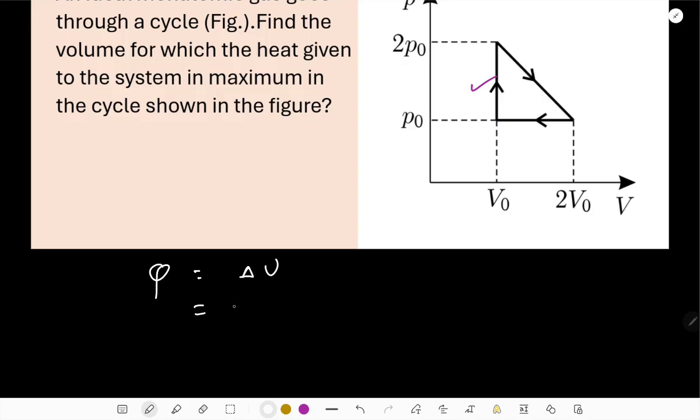That means I can write n R by gamma minus 1 delta T. Only pressure and volume are given and delta T is not known, so I am going to use PV equals nRT, and T is changing, that means I can write delta PV equals nR delta T.